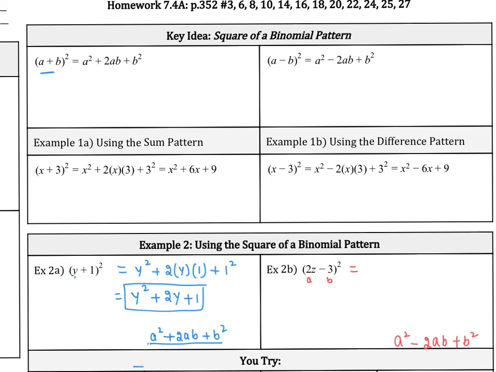A square means 2z square, minus 2 times a times b, which is 2z times 3, plus b square, which is plus 3 square. Rewriting it, I get 4z square, minus 2 times 2 times 3 is 12z, plus 9. So 4z square minus 12z plus 9.